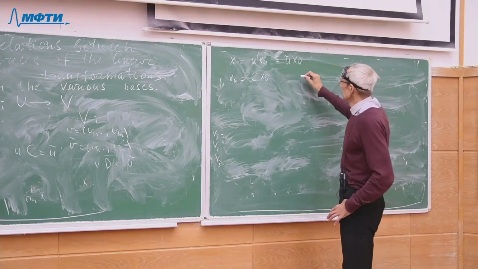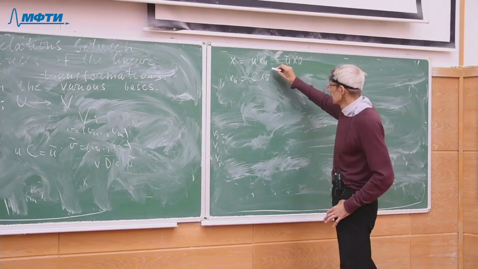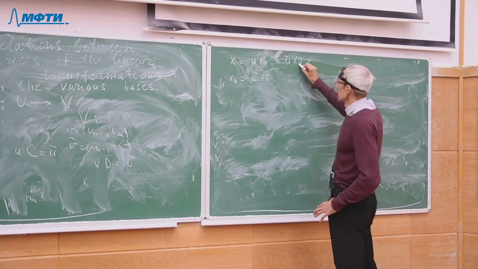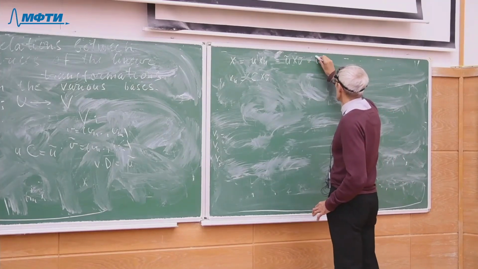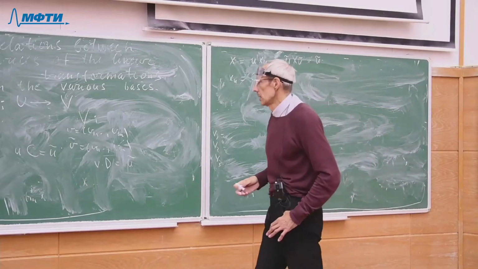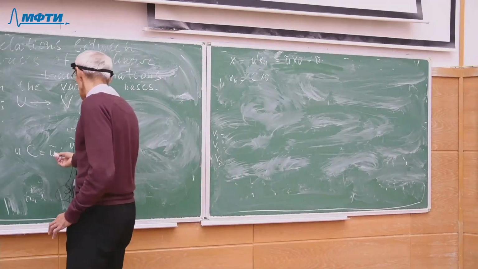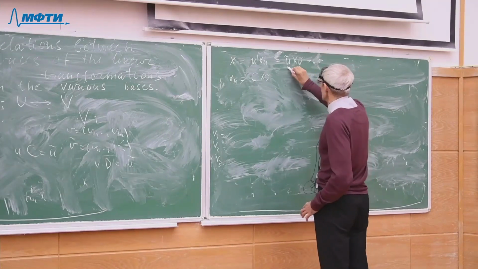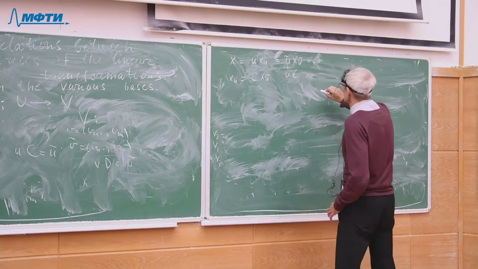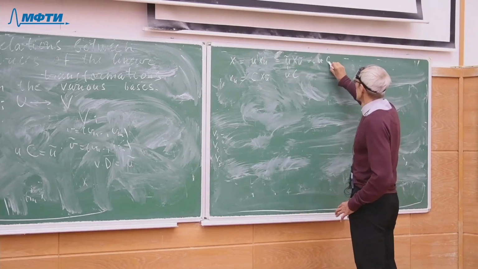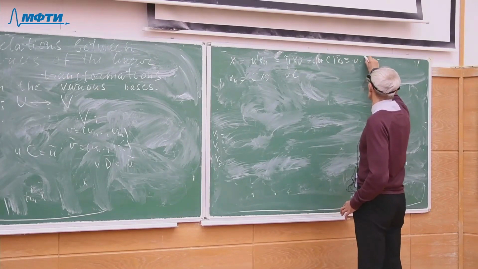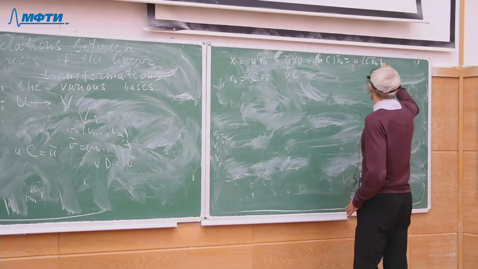Really, if you substitute U tilde as U times C, you obtain U times C xu tilde.